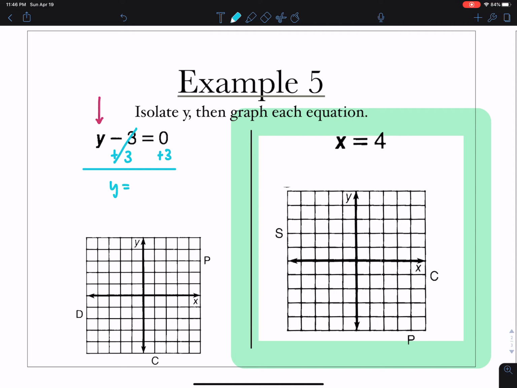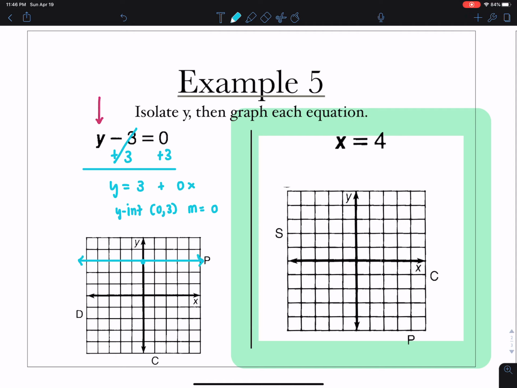So we're going to get y equals 3. And this is a line with a y-intercept of 3. So 0, 3 is a point. And our slope, because there's no x, it wouldn't change this at all if we added a 0x. And a slope of 0 is just straight across.